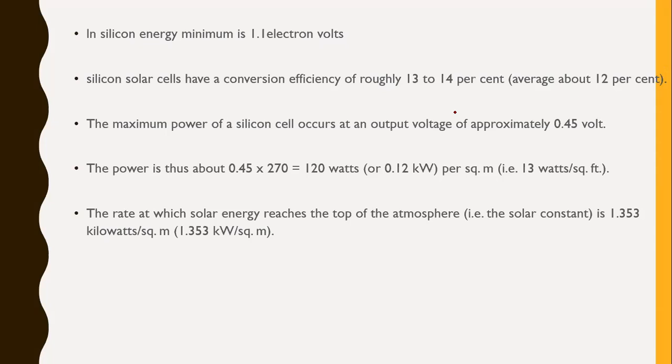As these focusing collectors concentrate direct solar radiation only. We have direct solar radiation and diffuse solar radiation, but these focusing collectors concentrate only direct solar radiation. They will not utilize diffuse radiation.